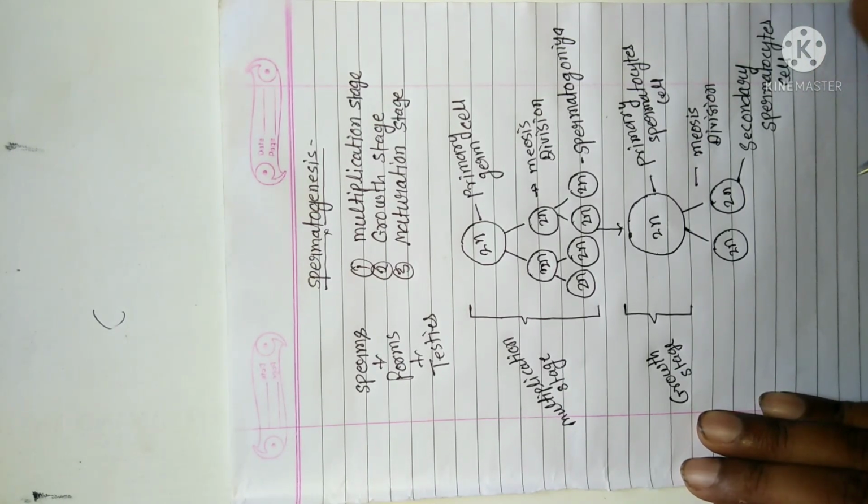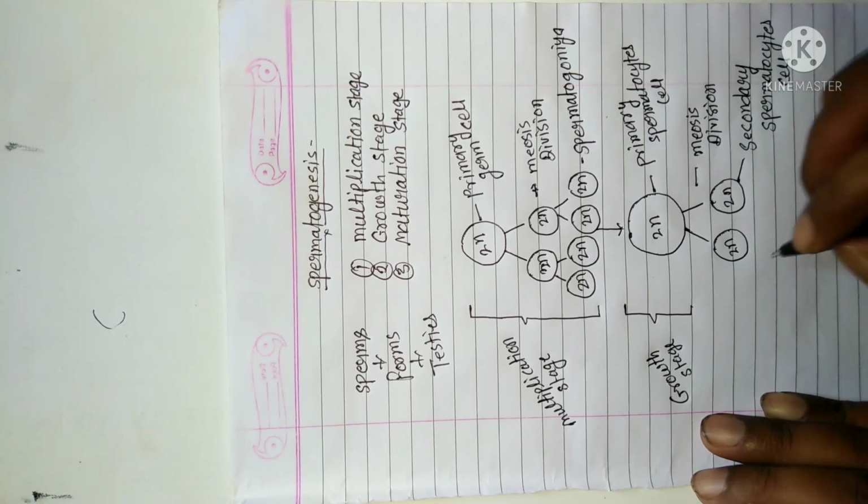These secondary spermatocyte cells form spermatid.